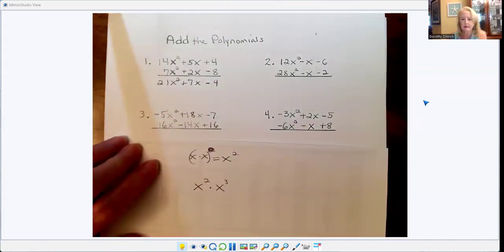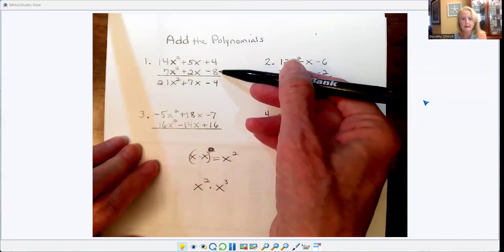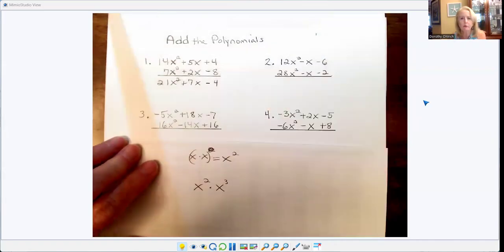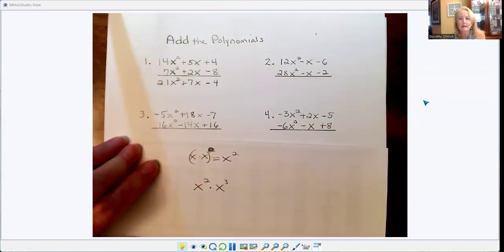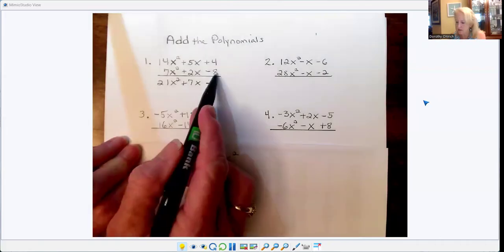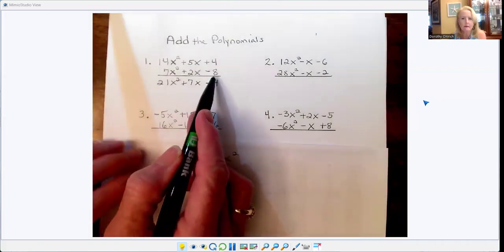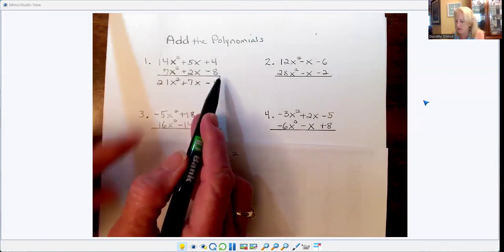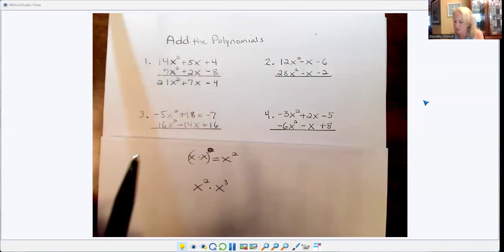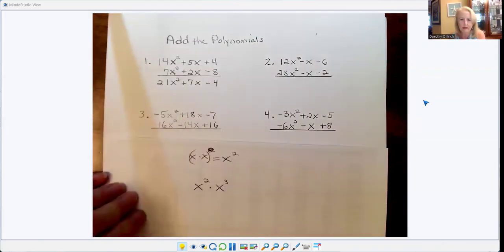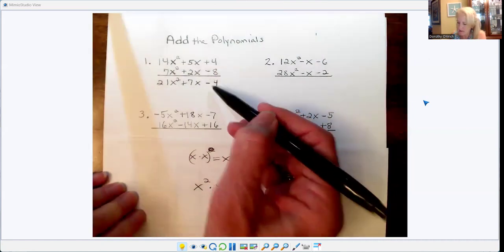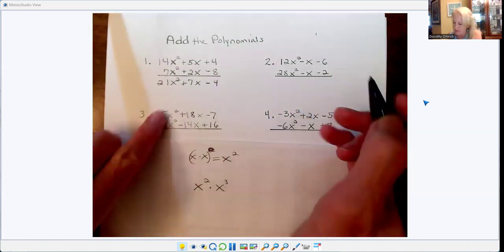Another way of thinking about it is, if you have two different signs, subtract 8 minus 4 is 4, and you keep the sign of the higher term number, 8. So 4 minus 8 is negative 4.